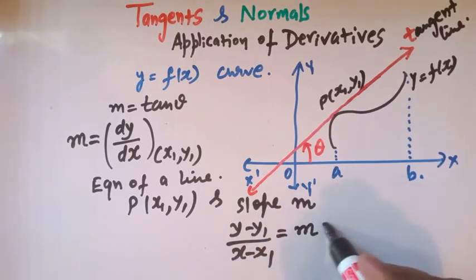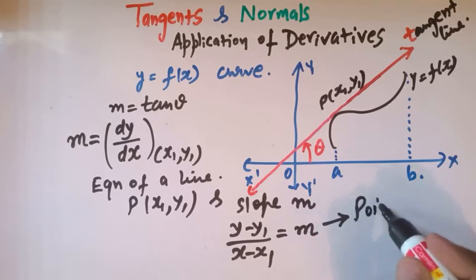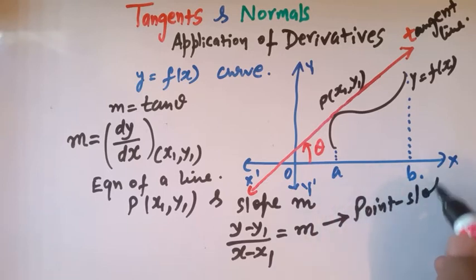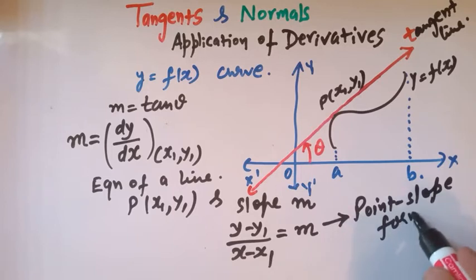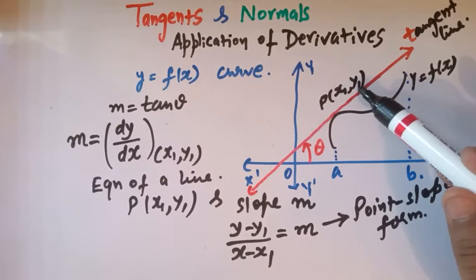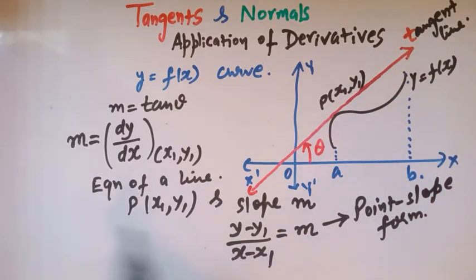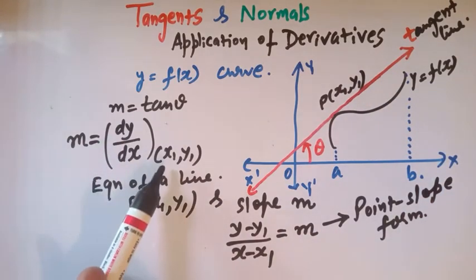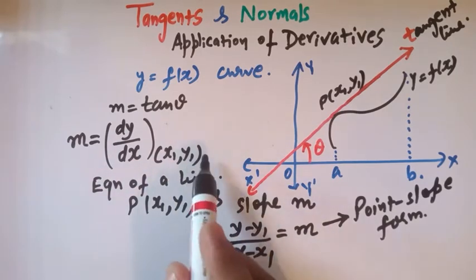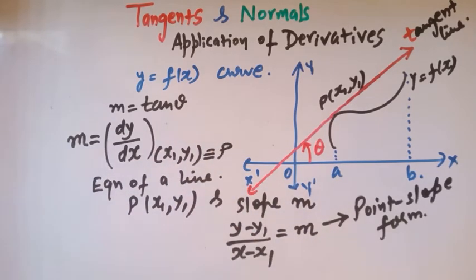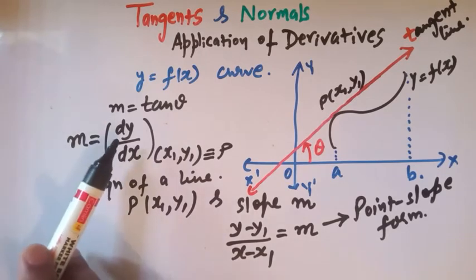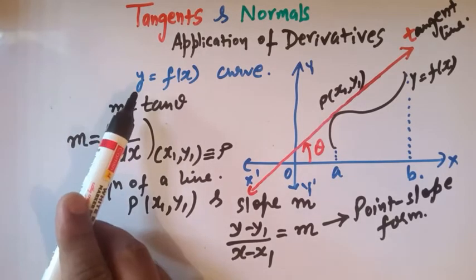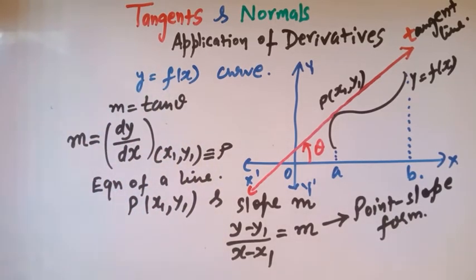This is the point slope form, clear. So we have this point (x1, y1), and we have the slope m at this point, which is the point P. And dy by dx can be obtained by differentiating the Cartesian equation of the given curve.